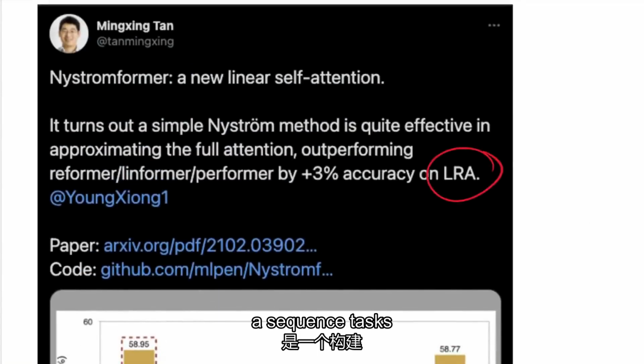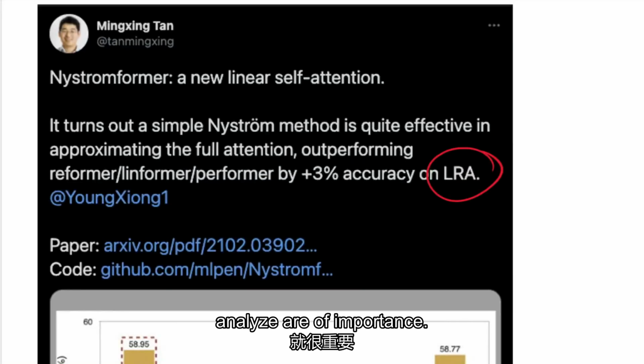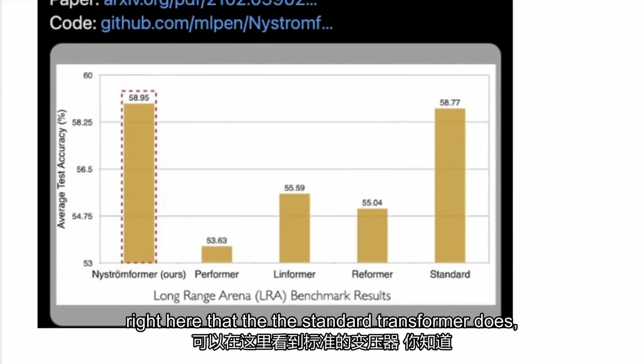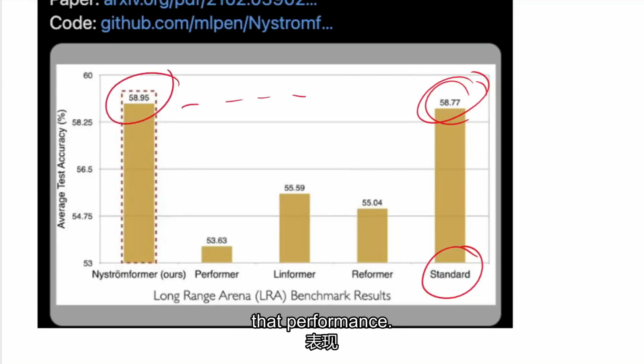So this is sequence tasks where they're constructed such that long range dependencies in the text that you analyze are of importance. And you can see right here that the standard transformer does okay, but it has this big memory complexity, and the Nyströmer is able to match that performance.